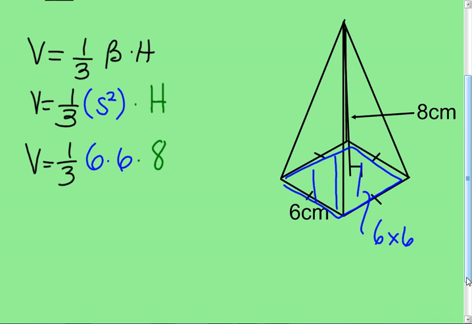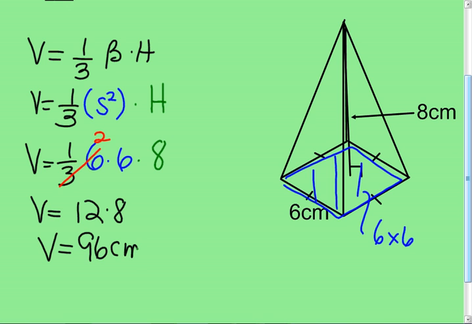You could multiply all those out, 6 times 6 times 8, and divide by 3. Or, because I know 3 goes into 6 twice, the volume is equal to 2 times 6, which is 12, times 8. And I know what that is because I've done it so many times in my life. It's 96 cubic centimeters. But you may use a calculator.